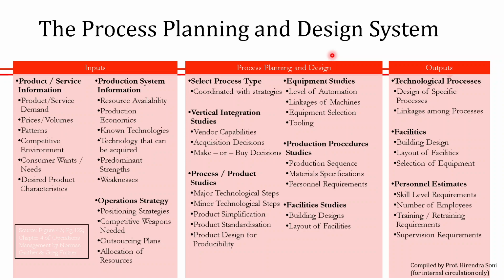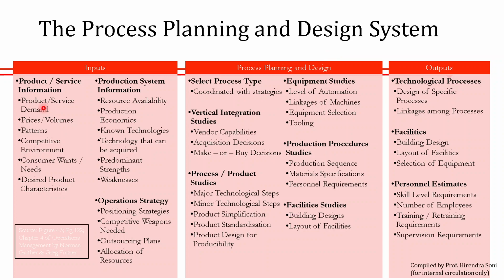Now, when we talk about inputs, it could be in the form of a product, or it can be in the form of service information. So what product or service demand is there?